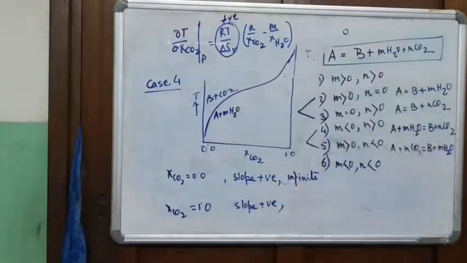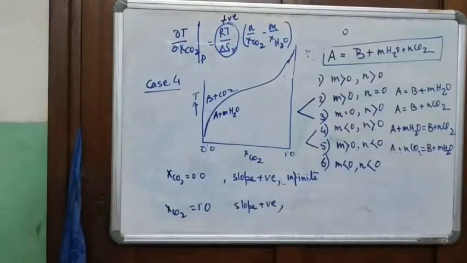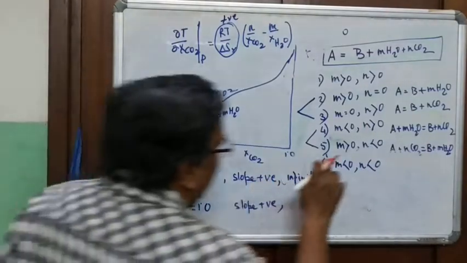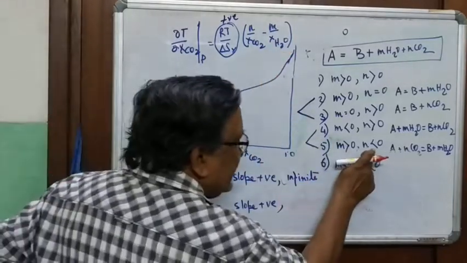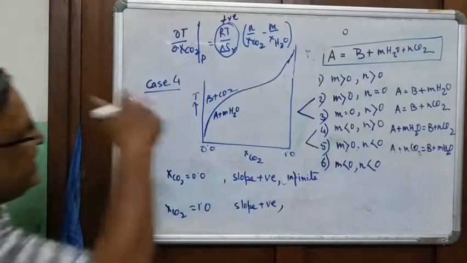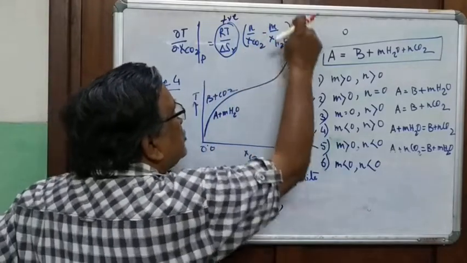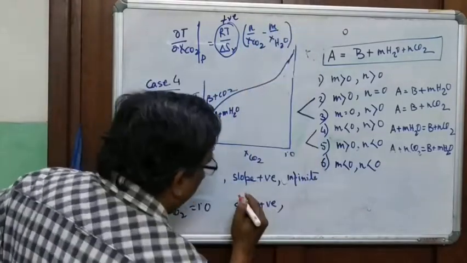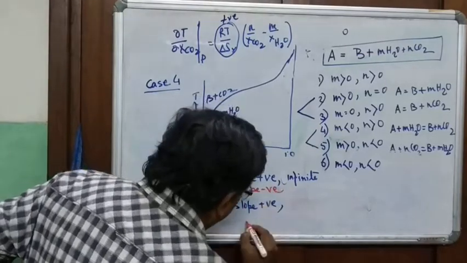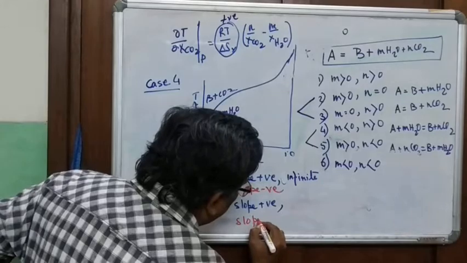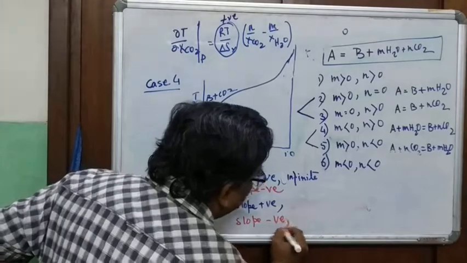Now if we go to the other end of the spectrum, we take case 5. What happens? M is greater than 0, so this term is negative, and n is less than 0, which means this term is also negative. So the whole slope will be negative.